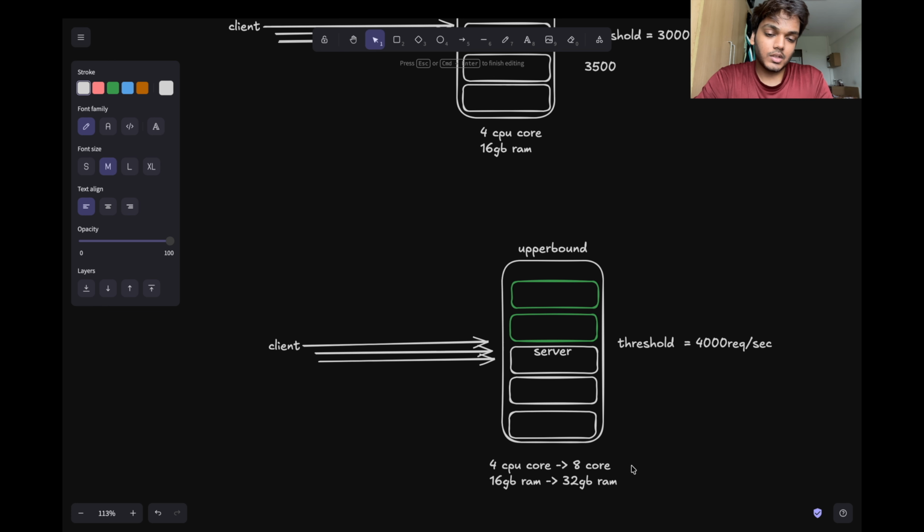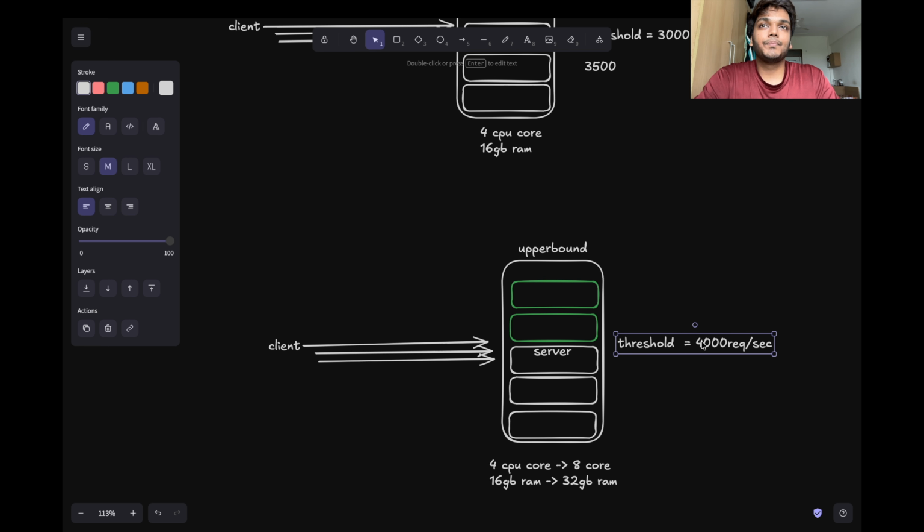So our computing resources have improved, the threshold value will also improve, and the number of concurrent requests a server can handle is also improved. Suppose the threshold improves to 4000 concurrent requests per second, and clients are happy, the server is happy, developers are happy, everything is going very good.